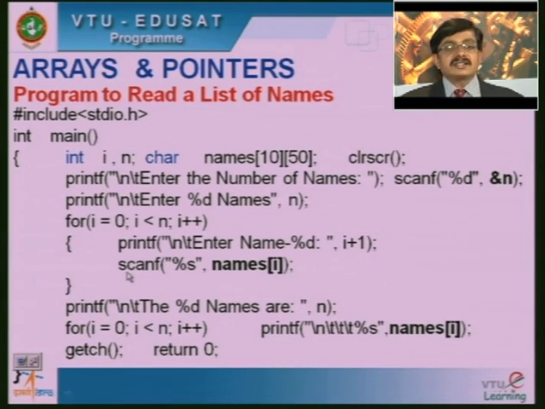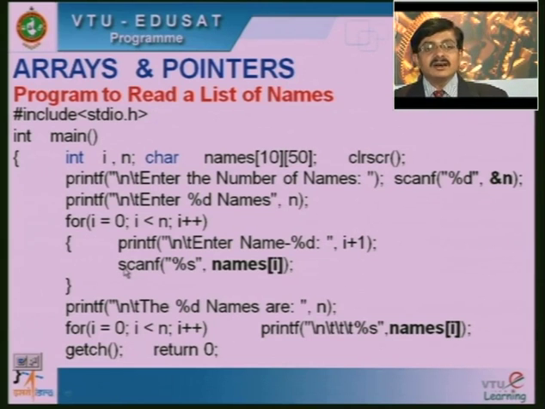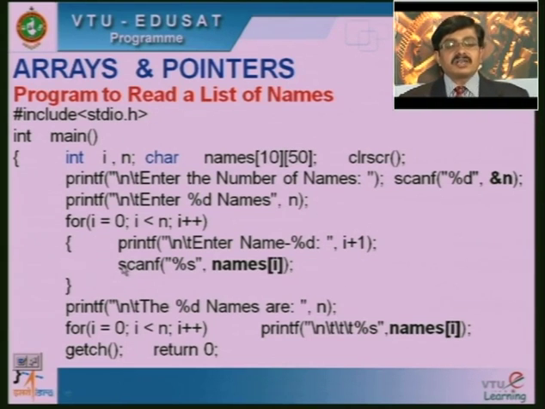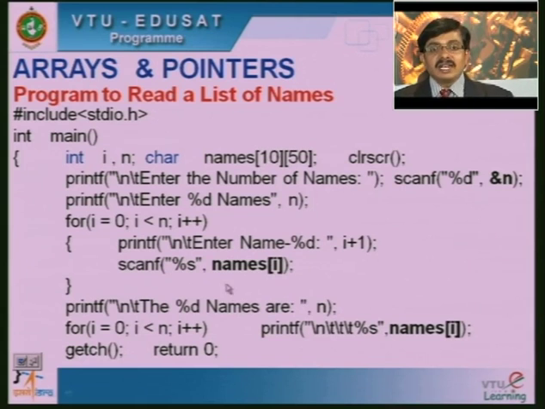Then we read the name, the string whatever the user enters, into names of i. When i is equal to 0, we read names of 0; when i is equal to 1, we read names of 1, and so on. Names of 0 provides the address of the 0th row, names of 1 provides the address of the first row, names of 2 provides the address of the second row, and so on up to n minus 1.